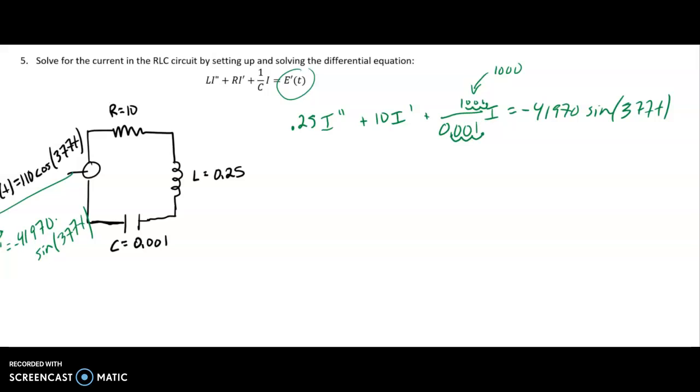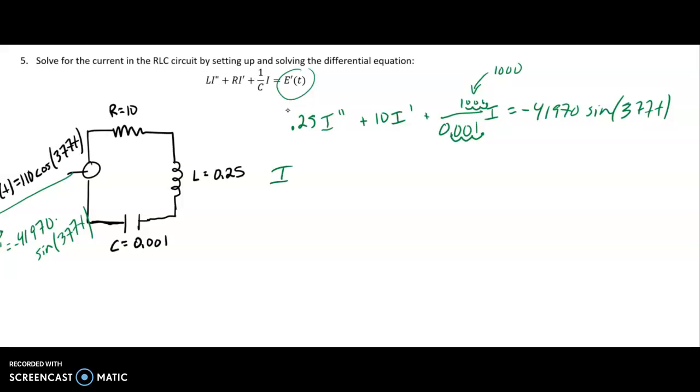And then there's a variety of ways to do this problem. I tend to like to have I double prime here not have a coefficient, because many of the ones that we do don't have a coefficient there, don't have that 0.25, and I'm less error prone if I make it more like ones I've done a bunch of. So I'm going to multiply everything by 4.